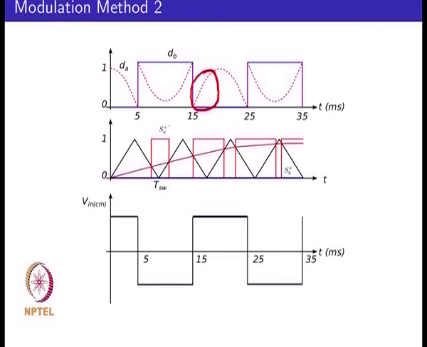You have now your effective output switching frequency which is at FSW rather than 2 FSW. If you can actually write an expression for V differential mode of your output, it is VDC into SA plus minus SB plus.